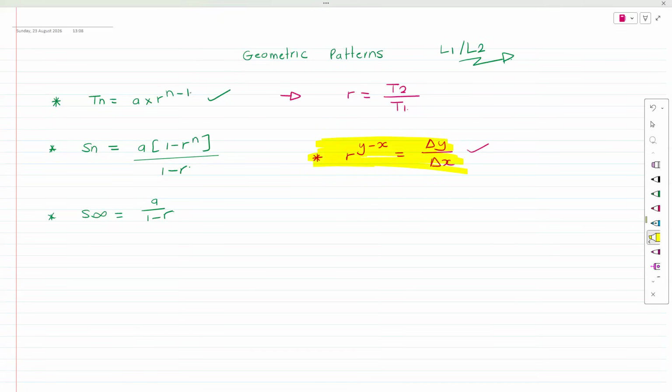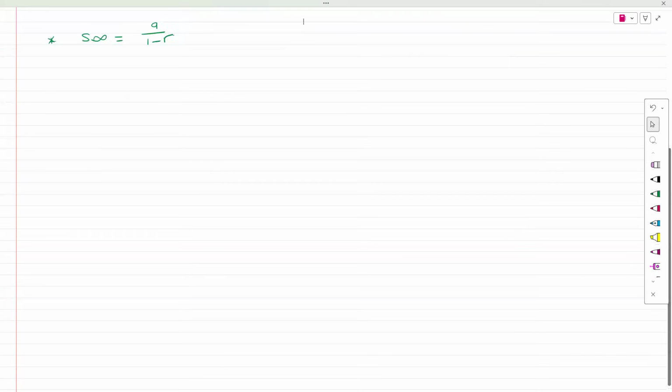We're going to start off with a very basic question, and we're going to work up to the next parts. Let's go with a basic sequence: 4, 8, 16, 32, and then 2 empty spaces.